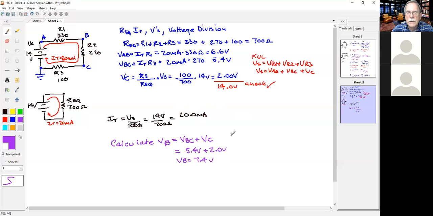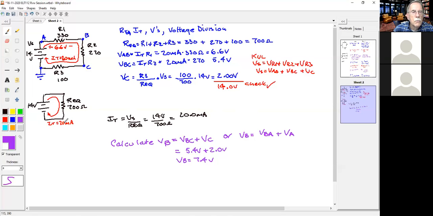And I could also have gone the other way. I could have really said VBA plus VA. If you remember, this was 6.6 volts. Current goes into the positive end, so it's going into the left end, making that positive. It leaves on the other end, the right end, which is the negative end. So now VBA, I hit the negative sign first.